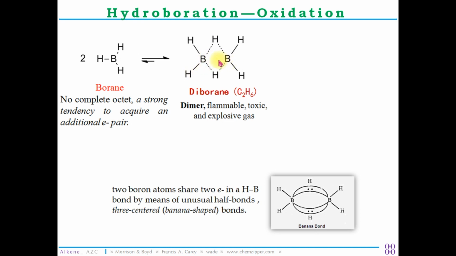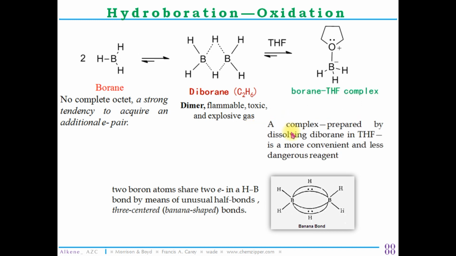Two boron atoms share two electrons in a hydrogen-boron bond by means of unusual half bonds, which are three-centered banana-shaped bonds. For detail, you may go through reference chemzipper.com. When borane dissolves in tetrahydrofuran, a complex is generated which is borane tetrahydrofuran complex, which is a more convenient and less dangerous reagent than diborane.